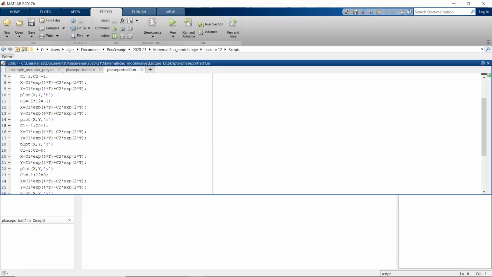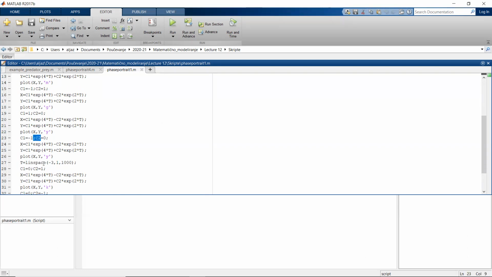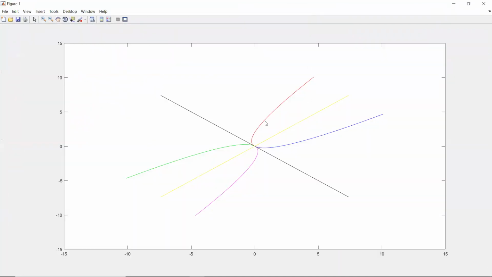And then also these degenerate solutions where one of the constants is 0. So those are those 2 lines, V1 and V2. Okay, let's see our portrait. You see, this is one case, then the other, third, fourth, and then the degenerate cases.